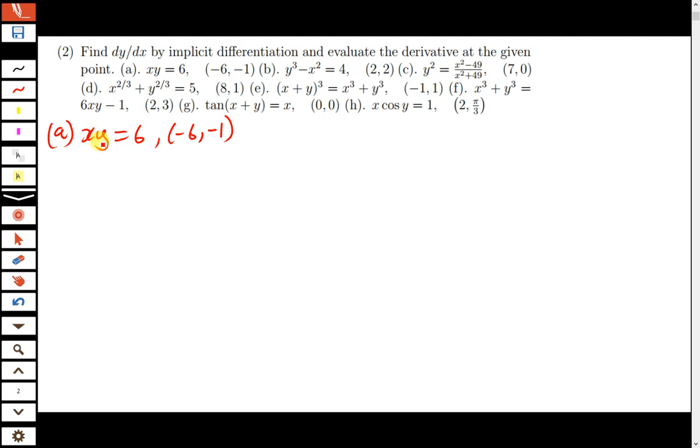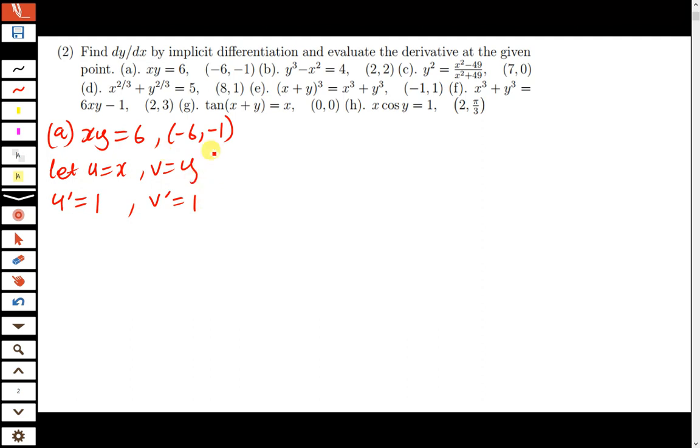Let us consider the first function as our u. So let u be equal to x, then v be equal to y. We find u prime is equal to 1, and v prime is equal to 1 as well.